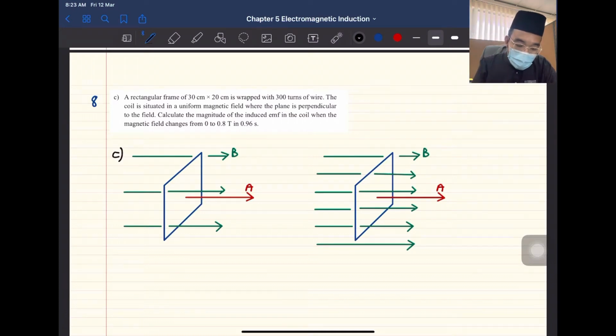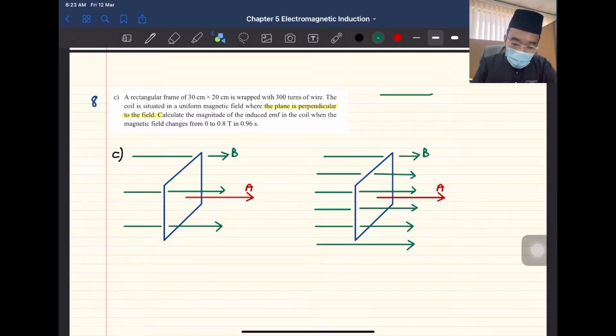If you want to draw, the first thing you need to determine is the direction of the plane. In this question, it specifically says the coil is situated where the plane is perpendicular to the field. So let's say my field is to the right like this.